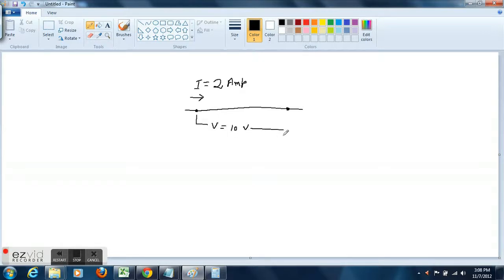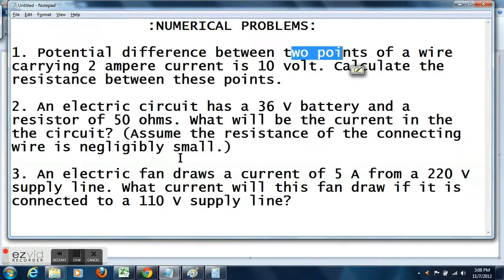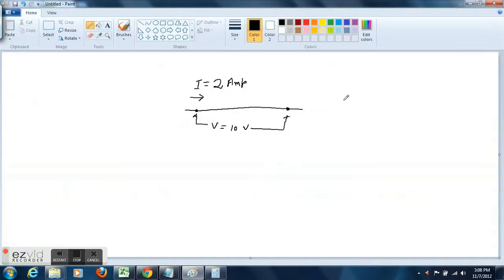So the potential difference across these 2 points is 10 volt, and what we have to find out is the resistance between these 2 points.